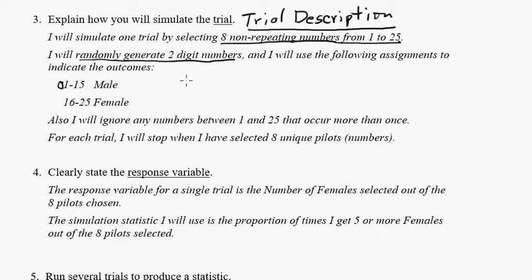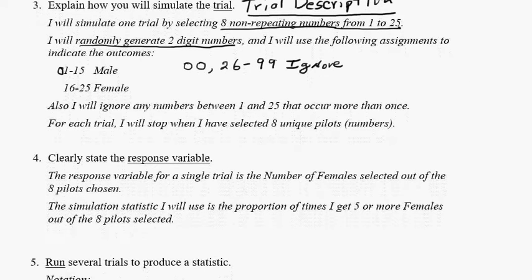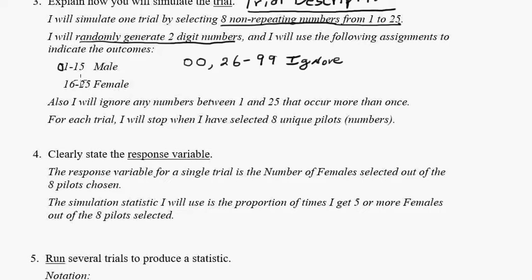To be complete, I should also say that if we get a 00, we ignore that, and if we get a 26 to 99, we ignore that. They have no meaning for this simulation. That's important if you can't control a calculator. If you can control it, you can say stop at 25.